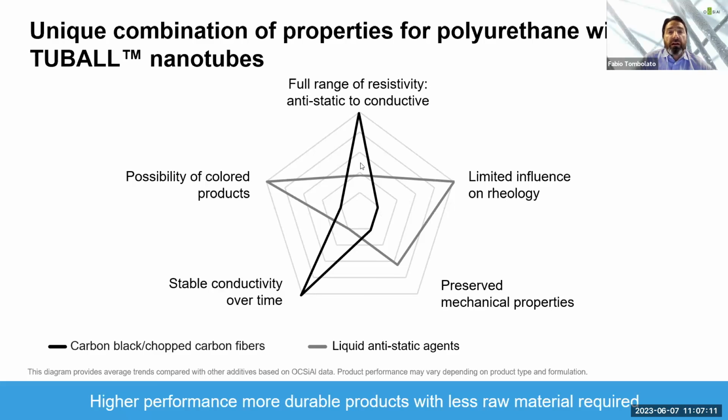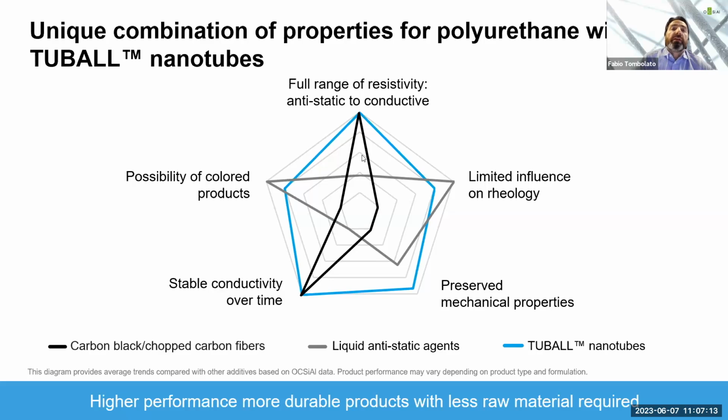Graphene nanotubes are the only additives that can bring benefits to all these parameters without any kind of compromise. With graphene nanotubes, you can achieve the full range of conductivity from antistatic to conductive. Conductivity will be stable over time and independent of the conditions. And thanks to the high efficiency, we are saying that starting from 0.02, 0.03%, you can achieve the electrical properties.